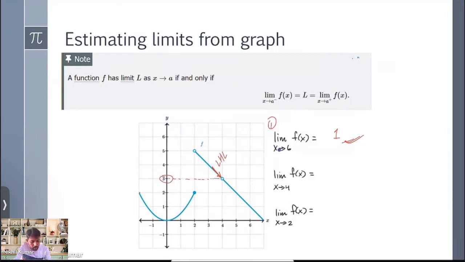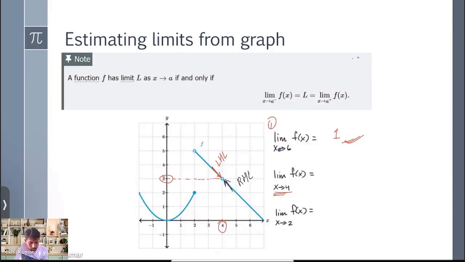Okay. If we try to approach this point 4, as x tends to 4, from the right hand side, now let me pick another color. If I try to approach it from the right hand side and I want to find the right hand limit, what value is f of x approaching?